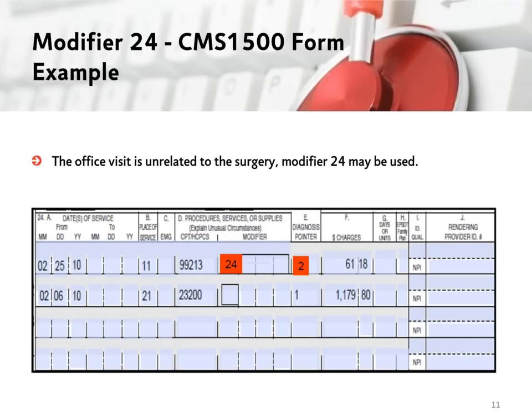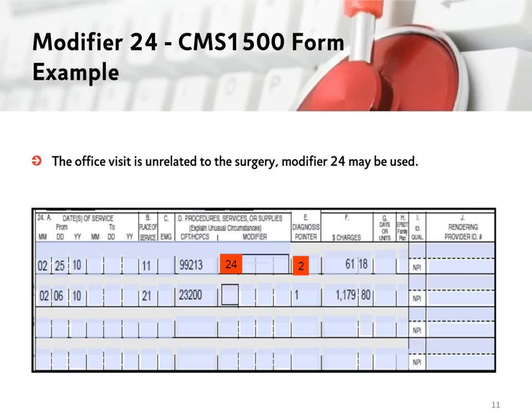Now on this slide, we have another example of modifier 24 indicated on a CMS 1500 form. This office visit is unrelated to the surgery, and modifier 24 may be used. If you look at the first line item, we have 99213 and we have modifier 24 appended.